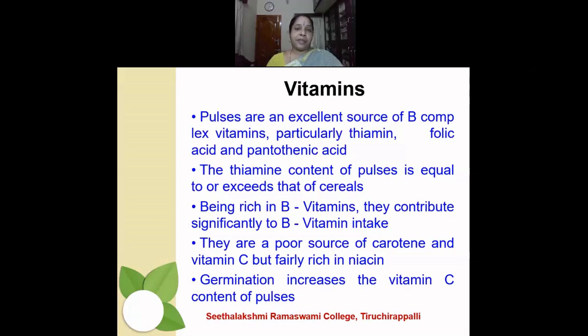So carotene is absent, vitamin C is absent, almost all the B vitamins are present, and it is a fair source of niacin. However, germination increases the vitamin C content of the pulses. In the raw, dry pulses, vitamin C is not present. But when the pulses are germinated, vitamin C will be synthesized in the pulses. We will see that later.